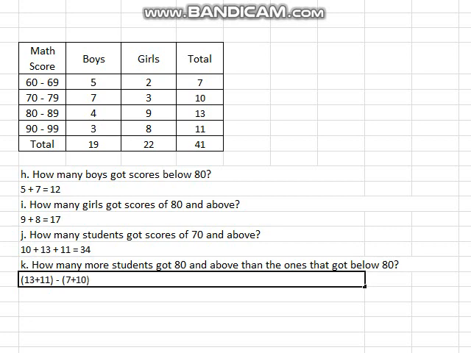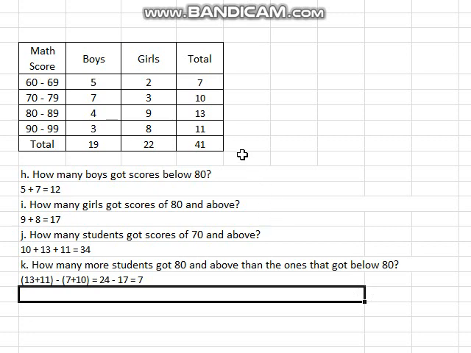This one are the students that got below 80. Okay, and then when you do the calculation, this one is 24 minus 17, and then you get the answer, which is 7. So there are 7 more students who got higher grades compared to the ones that got below 80. So this one you have 24, and then this one 17.